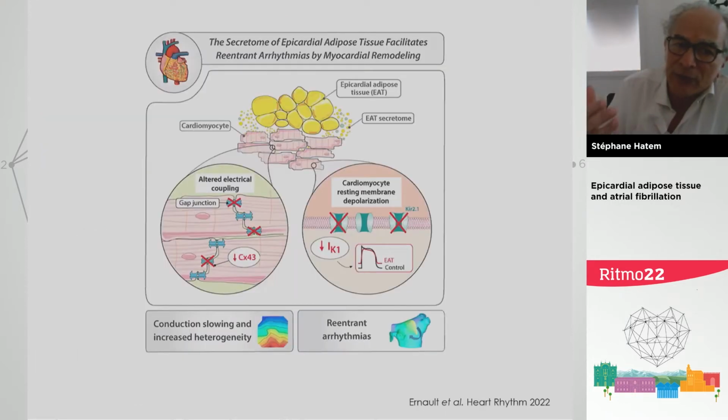Then many different studies have looked at the effect of this secretome coming from the adipose tissue on the neighboring myocardium. And this is a recent publication in Heart Rhythm. This is the sketch of this publication showing that, in fact, these adipokines not only induce fibrosis, but have multiple effects on the electrical property, including on ionic channels.